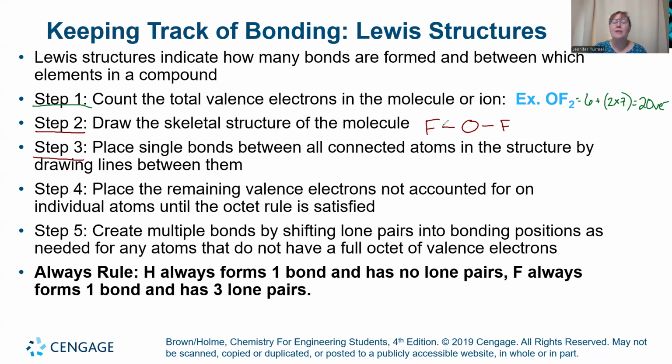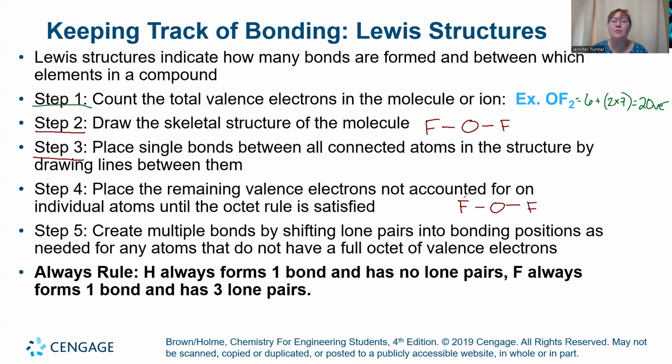Remember, each one of these single bonds accounts for 2 electrons, so we've accounted for 4. For step 4, we've currently accounted for 4 electrons, and we need 20.